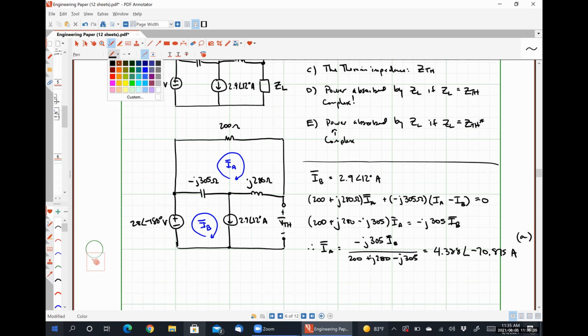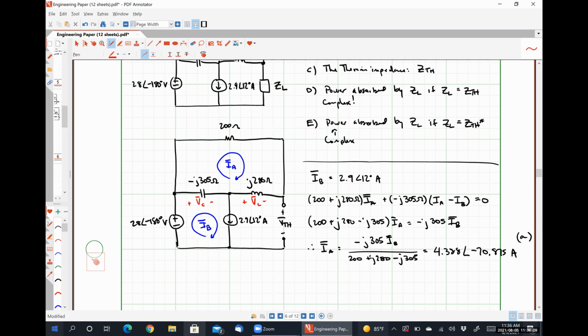So let me put some stuff here in red. I'm going to call this voltage VC and this voltage VL, because it's a voltage drop over a capacitor and a voltage drop over an inductor. The problem with the first statement, the voltage drop over the 280 ohm inductor, is that it's only true if there is no voltage drop over the current source, and we have no reason to assume that.